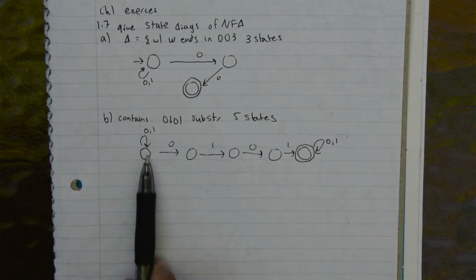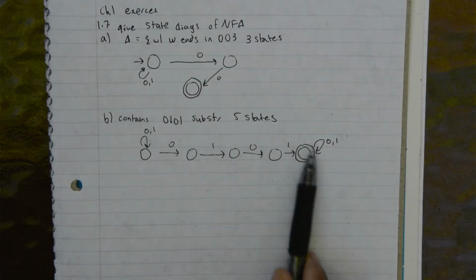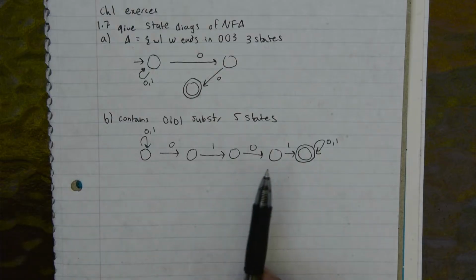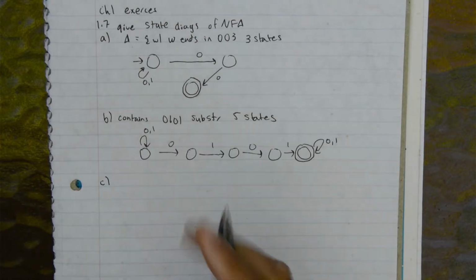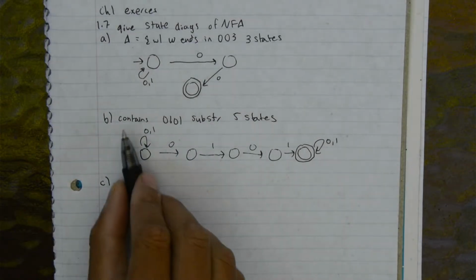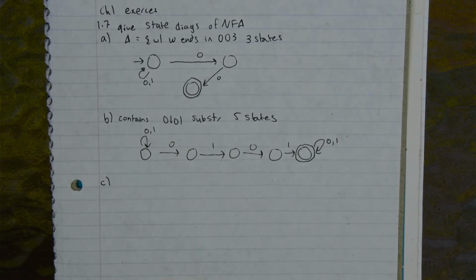So we could go 0, 0, or we could go 0, 0, and then maybe the 1, 0, 1 is after that. So this seems like it does exactly what we think it should do, meaning compute the language contains 0101 as a substring, and it has 5 states in its NFA.